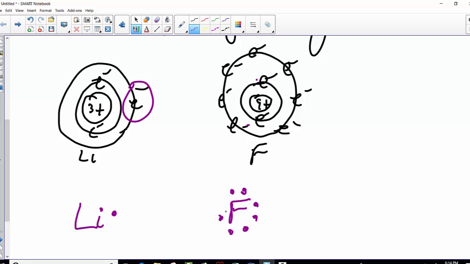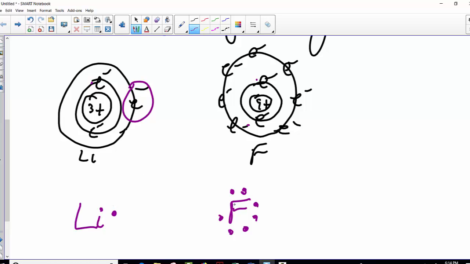Now, you'll recall my mantra, which is everybody wants to be a noble gas. What I mean by that is every element's motivation for reacting is to be lowest in energy. And it's lowest in energy when it has a filled shell, like the noble gases do. So lithium can get a filled shell, be like helium with its 2 inner electrons here, by losing this one.